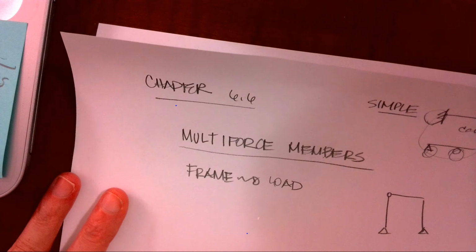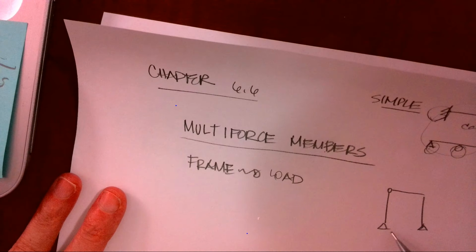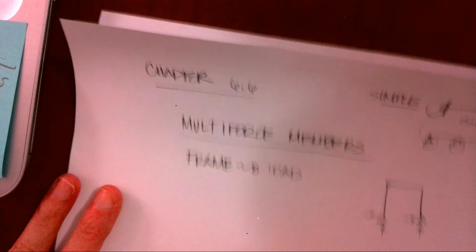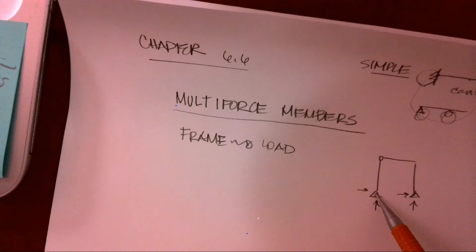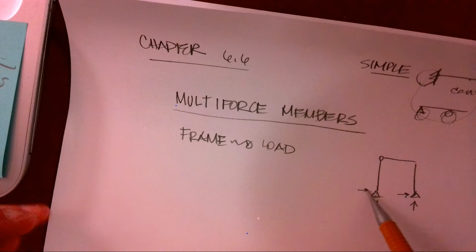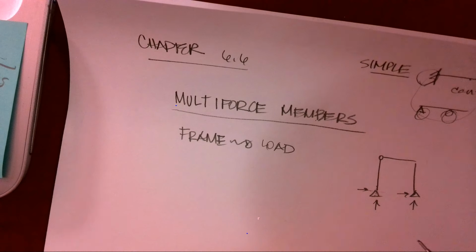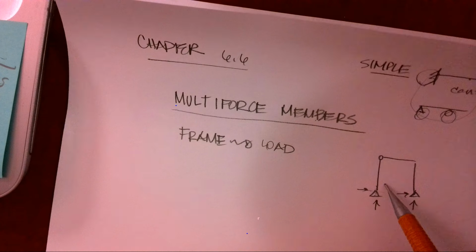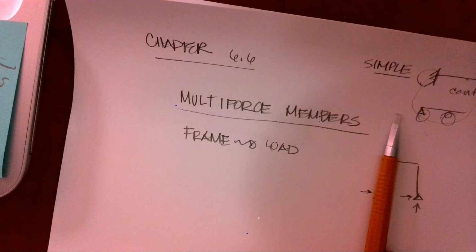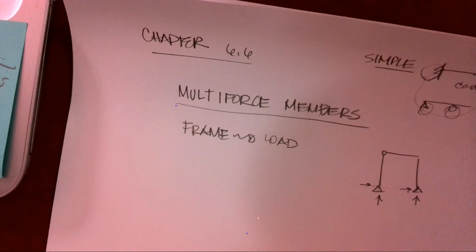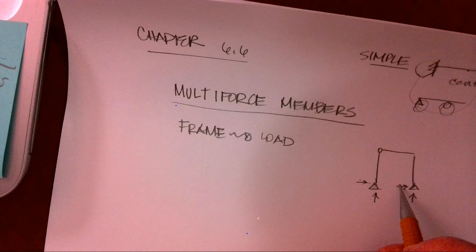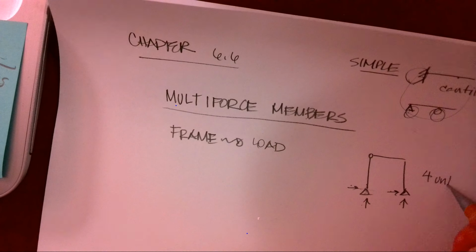Okay, and we're going to notice here we have two pins. And remember, at pins, we have X and Y forces develop because I can't pull this up and down or move it sideways like a skateboard would move, but this whole thing could rotate about the pin. Okay, so I have 1, 2, 3, 4 possible unknowns.